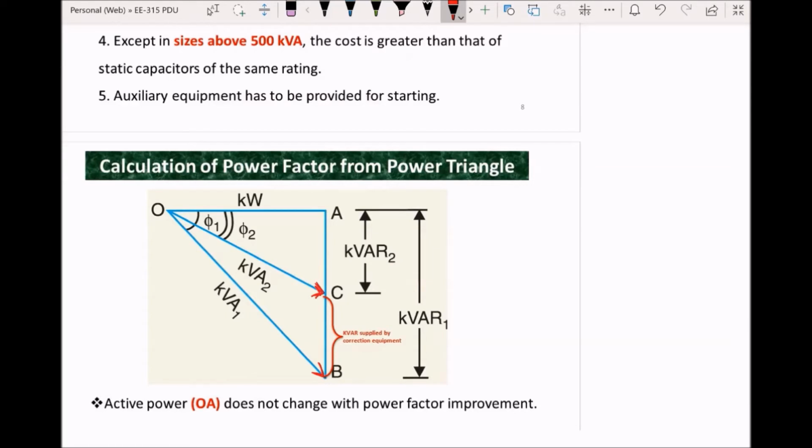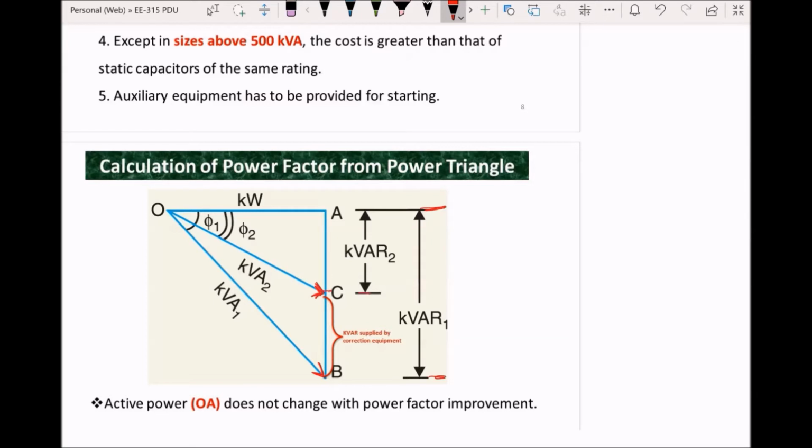Here, the side AB, on the right hand side, is segregated into two parts, where the reactive power being drawn by the load can be seen as AB, which is the reactive power with respect to phi 1. So this complete portion is going to be the reactive power drawn by the load, and the corrected or the reduced reactive power is AC.